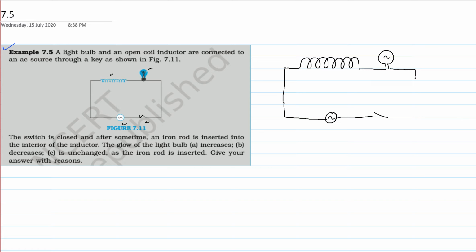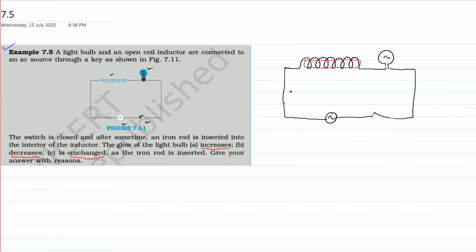So what will happen when you close the switch and then the iron rod is inserted in between? The question asked is about the glow of the bulb. Will the glow of the bulb increase, or decrease, or remain the same as it was? As the iron rod is inserted, give your answer with reason.